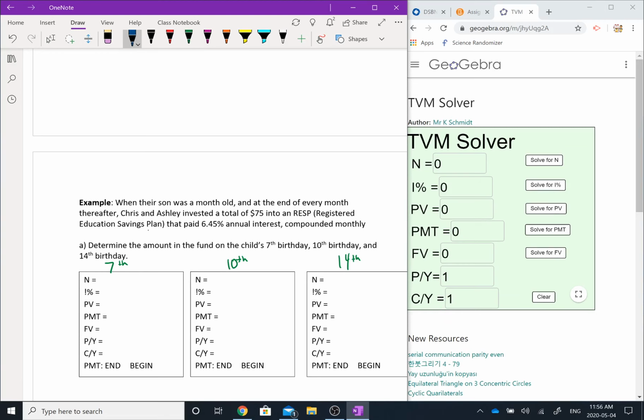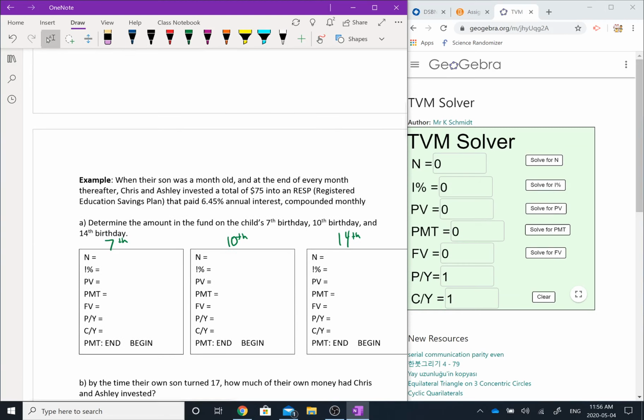So our N value is, again, the number of compounding periods in total. Because it's 7 years times 12 months, we have a total of 84 compounding periods. Our percent is 6.45. We're going to leave it like that. Our PV we're going to start at 0, because we'll have $0 in there when we start saving.